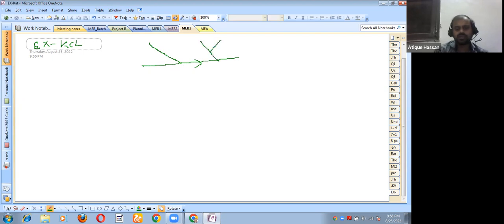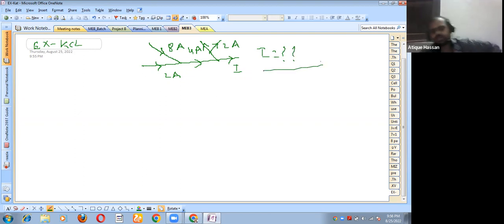Suppose from here 8 ampere current is coming, and from here 2 ampere current is coming. Suppose here we have 2 ampere current, and here we have 4 ampere current. Suppose this value is I, so we have to find out the value of I.